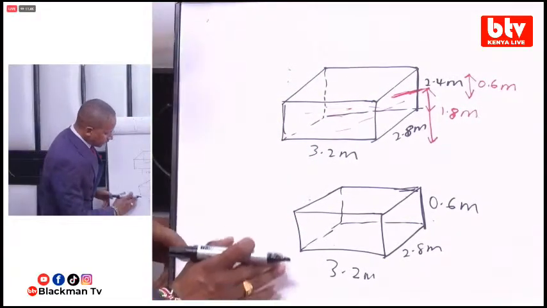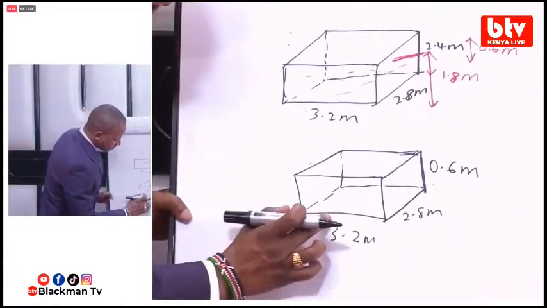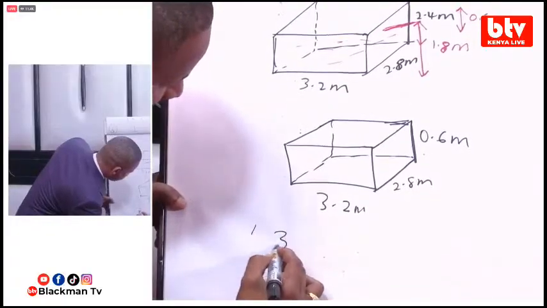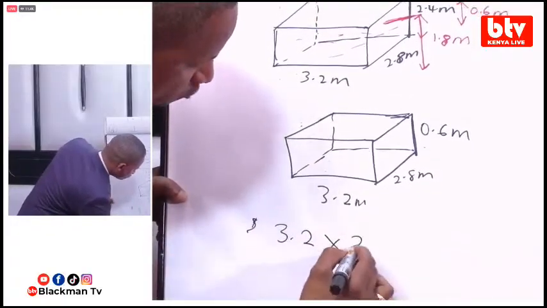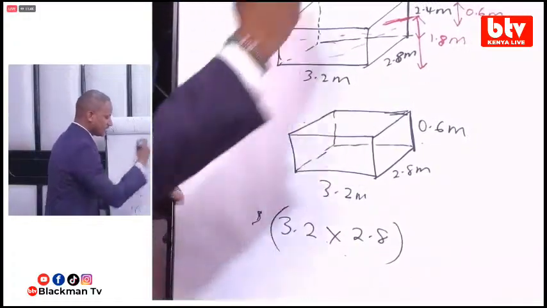It's simple. The area that is not in contact with the water: the base is 3.2 by 2.8, but it is times 2, for this side and the other side.